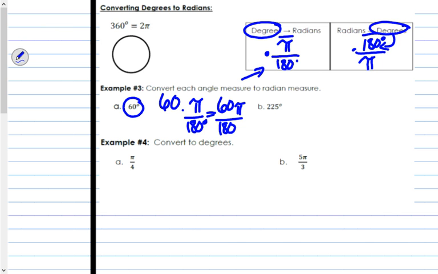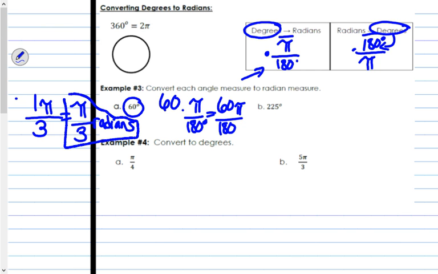Well, 60 can go into 60 one time, and 60 can go into 180 3 times. So 1 pi over 3, or just pi over 3. The answer is pi over 3 radians.